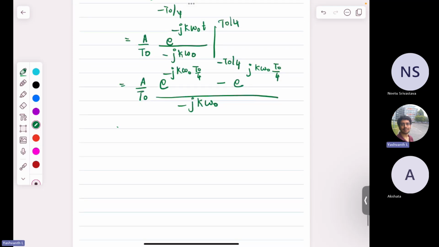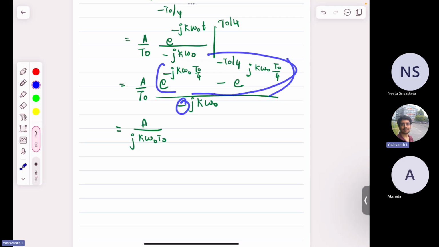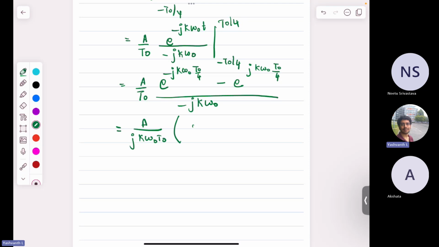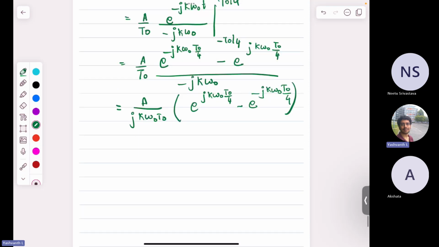This is same as A by jk omega naught t naught. So there is a negative here, so I will make negation of this. Okay. The minus sign in numerator and denominator should get cancelled. So writing this as into e raised to jk omega naught t naught by 4 minus e raised to minus jk omega naught t naught by 4.